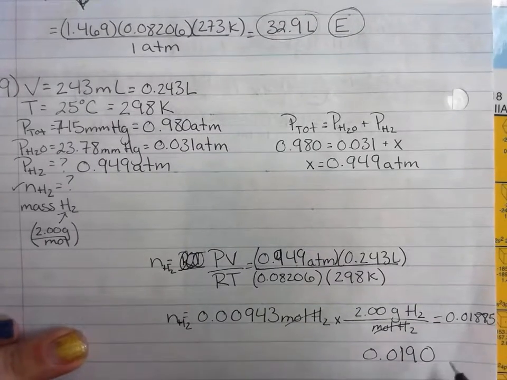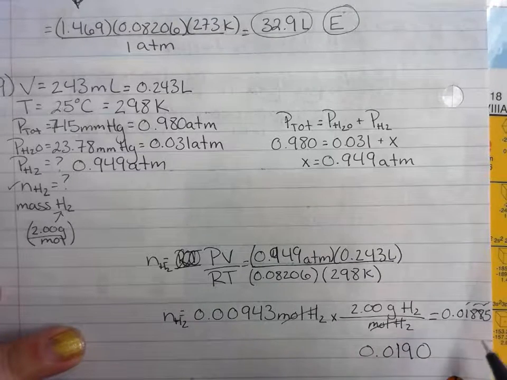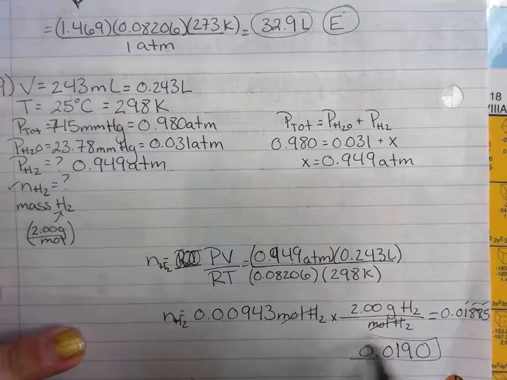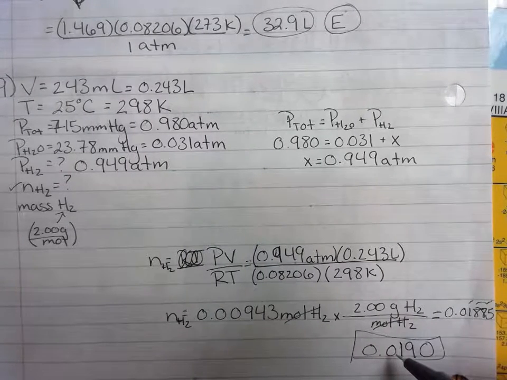We have to round to 3 significant figures: 1, 2, 3. That rounds up. 0.0190. There we go.